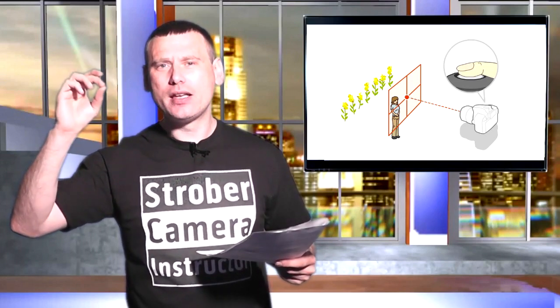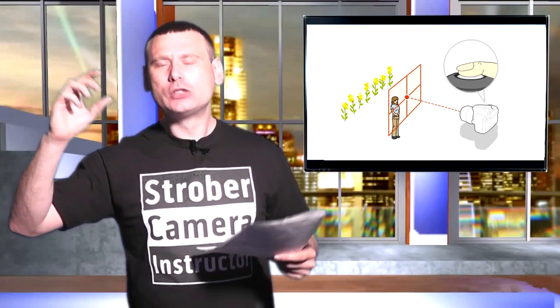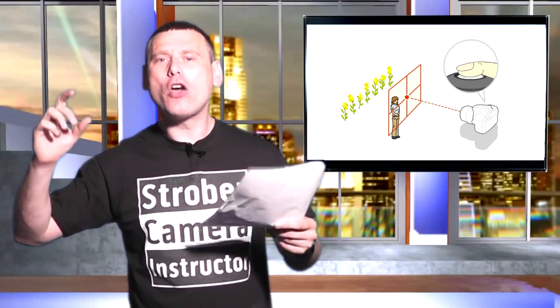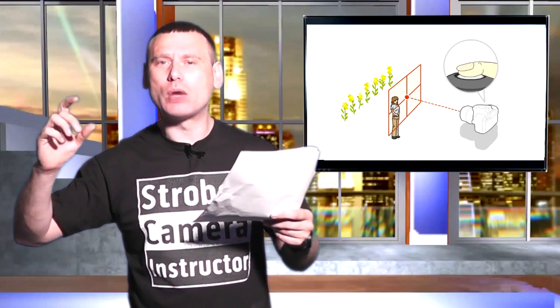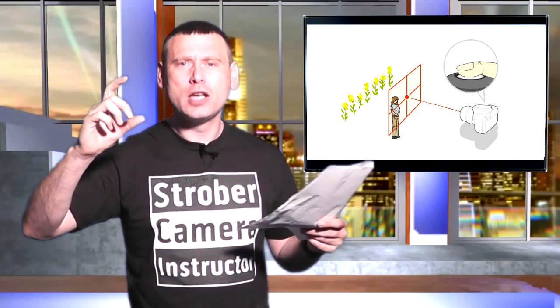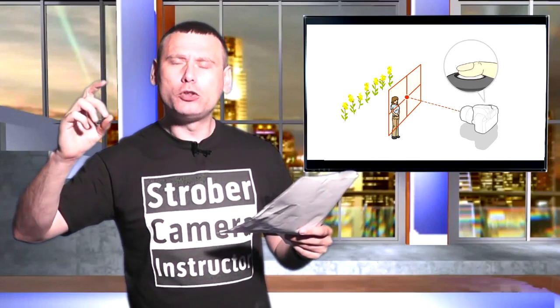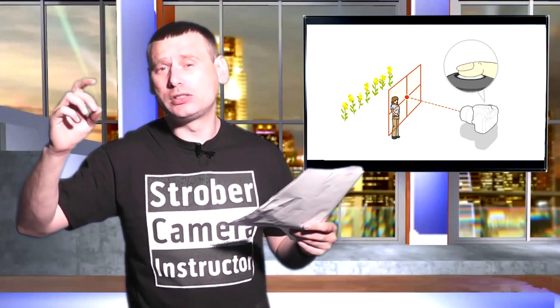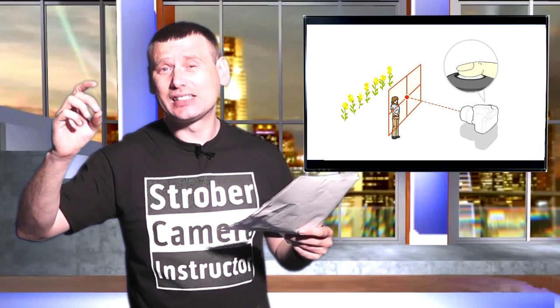That distance is logged into the memory of the camera. This allows us to recompose the shot, because we already know how far the person is away. Our person is always going to be in focus no matter what, because they're at a set distance.